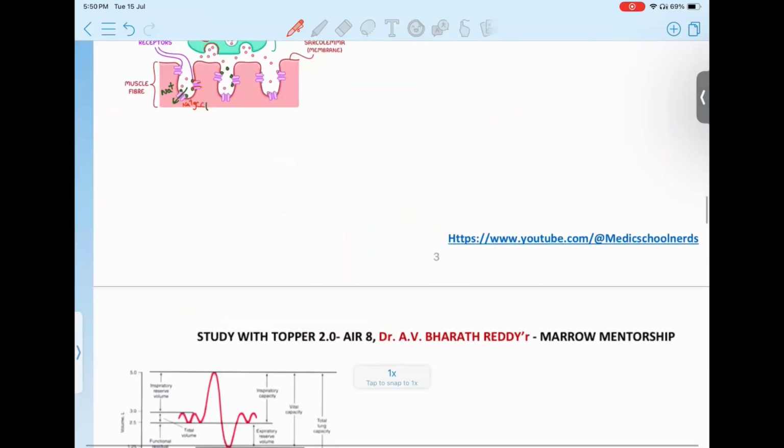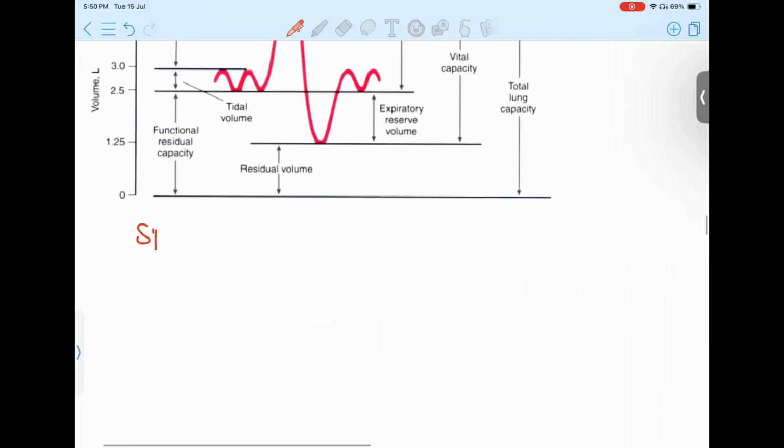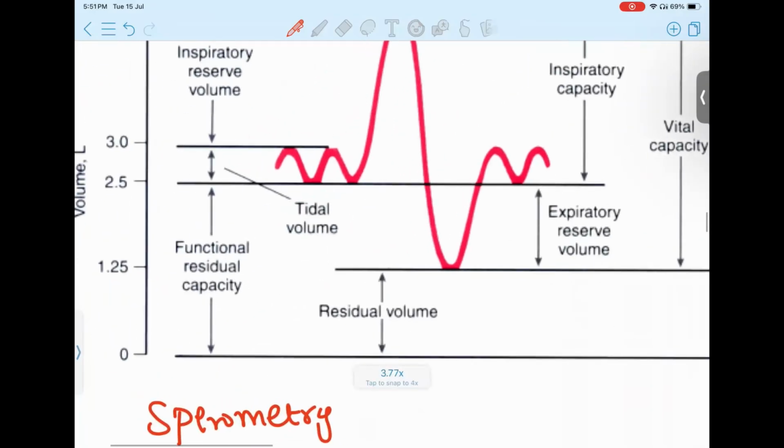All right. Next, moving on to the respiratory system. What we are going to discuss, the most common one, is spirometry. When you are inhaling and exhaling around 500 ml per breath, that is your tidal volume. This is your inspiration and this is your expiration.